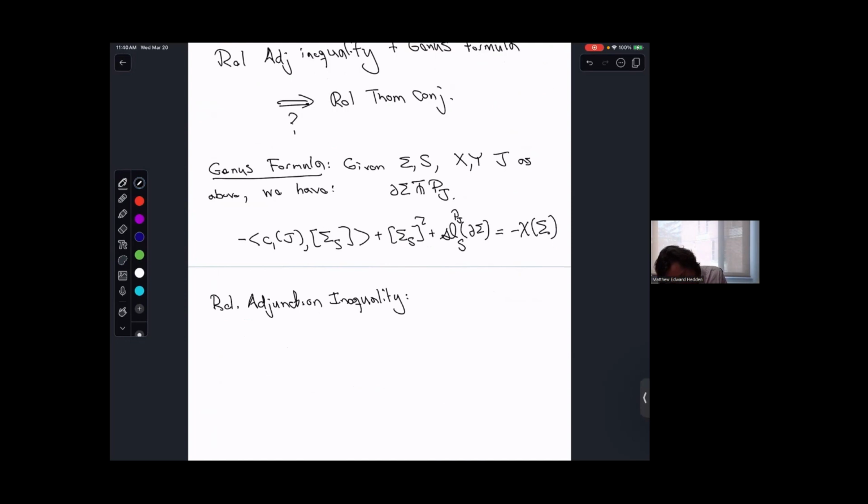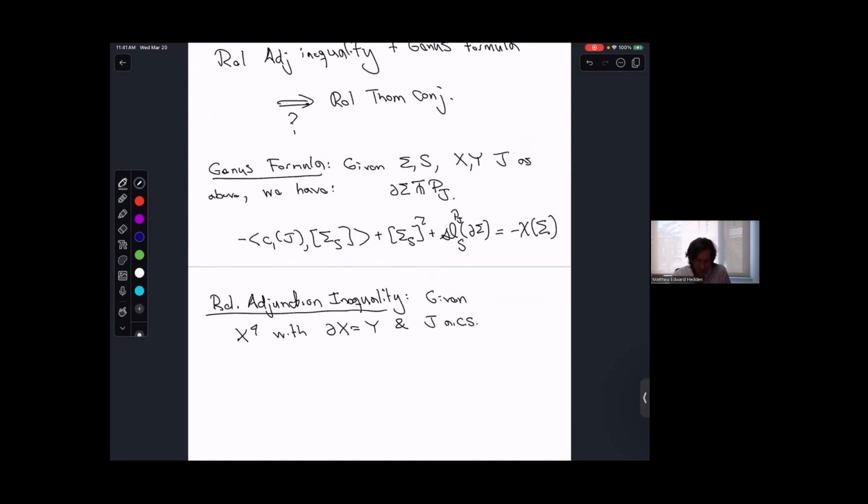So there's sort of two ingredients for how to make this work. The relative adjunction inequality, what this is going to say in the present context is, given X4 with boundary X equals Y, and J, an almost complex structure.